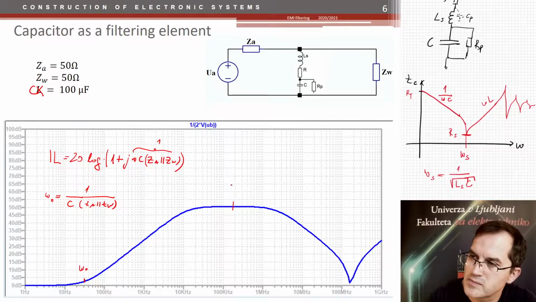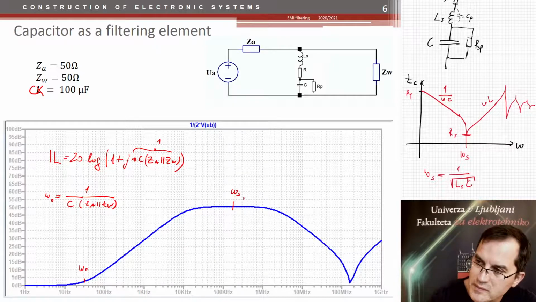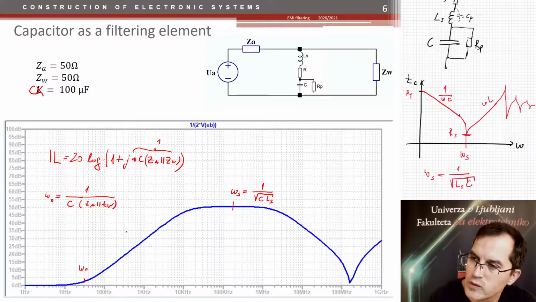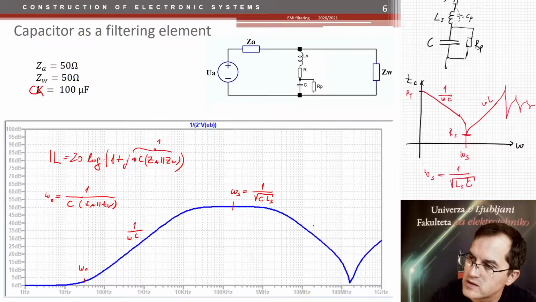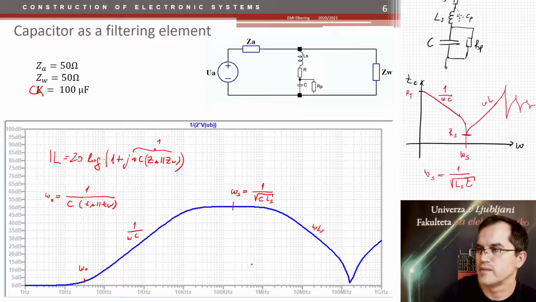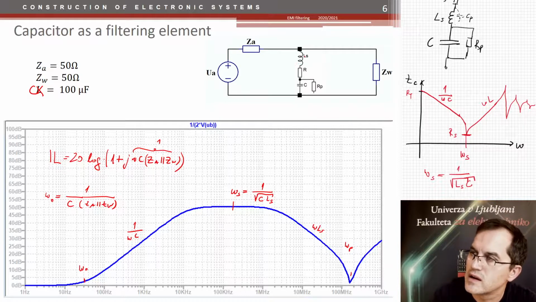Now here somewhere is the series resonance, omega S. The series resonance is defined by the capacitor and the series inductance. So here we have the 1 over omega C part again, and here we have the 1 over omega LS part again. And here is the parallel resonance of the mutual inductance, capacitance between the windings of the series inductance here.